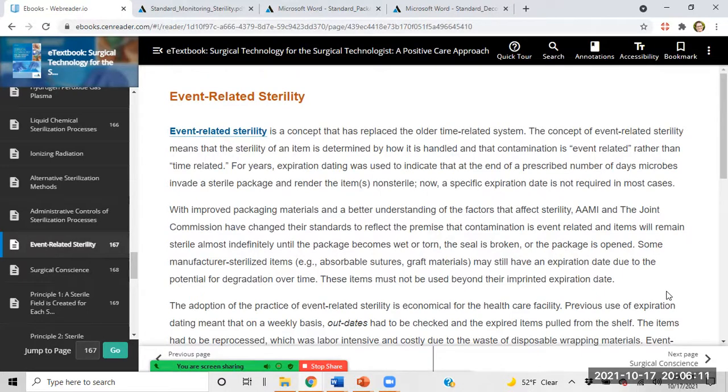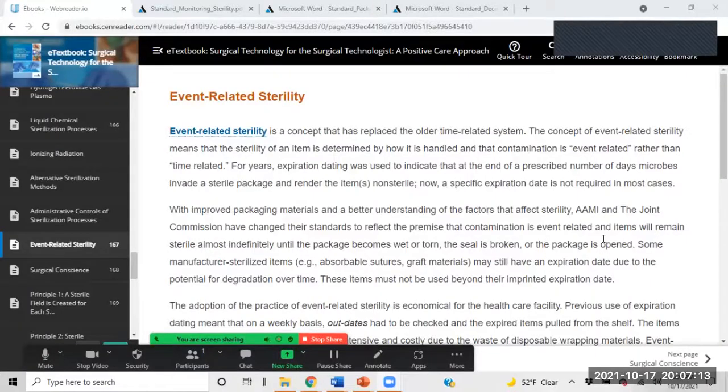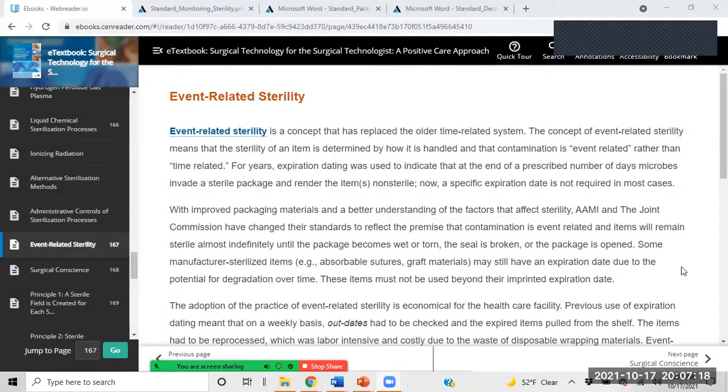It used to be called time-related sterility. What I was saying was that in the past, sterility was called time related because there were expiration dates on all of the wrapped packages.